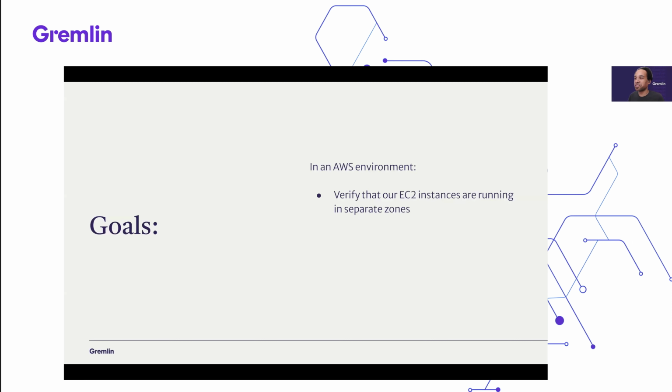When testing zone redundancy, we want to make sure that, for one, they're running in separate availability zones. And more importantly, we want to make sure that our load balancer is correctly set up to route traffic between the zones. So if one instance is unhealthy, if one AZ is down, we can route traffic to the healthy one. That way, we know that our service can keep running and our users can keep using the service with zero interruptions and zero noticeable impact.